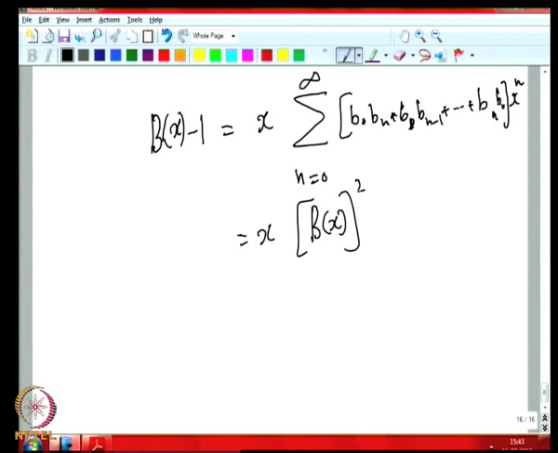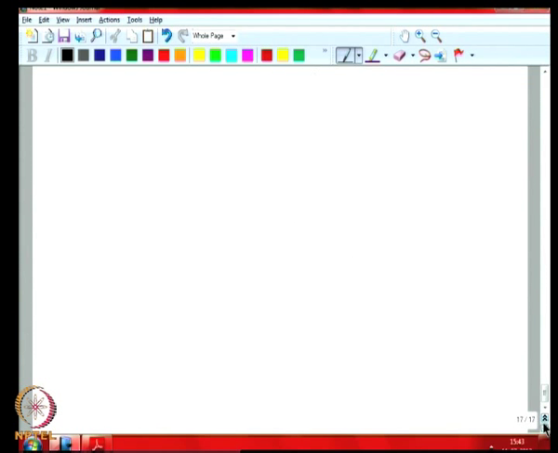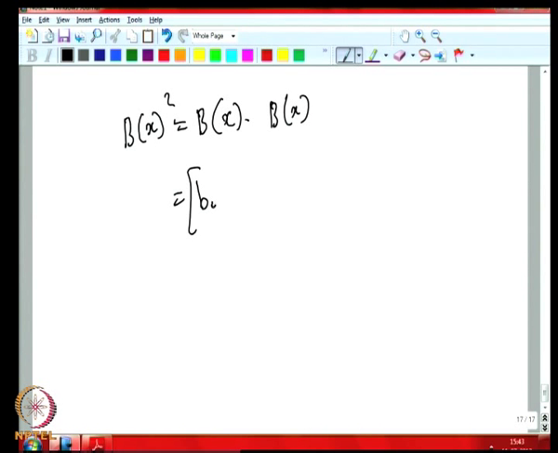Why is it so? Because if you consider b of x square, what would be the coefficient of x raised to n in it? To see this, you write b of x square as b of x into b of x, where b of x is b0 plus b1 x plus b2 x square and so on, multiplied by b0 plus b1 x plus b2 x square and so on.